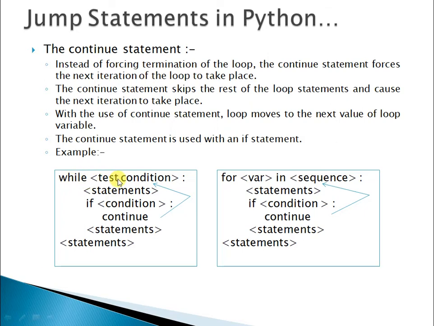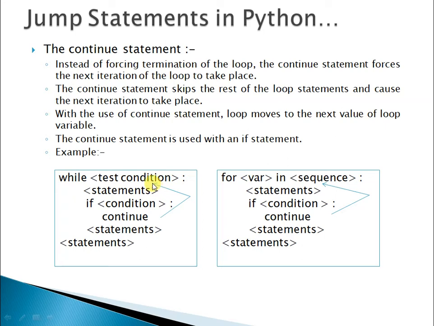Here, while the condition, then some statements, then followed by a particular condition, then you write continue. So continue will not go out of the loop, it will go to the next iteration, meaning the next value of the loop variable. The statements following the continue will be skipped and you will move to the next value of the loop variable.